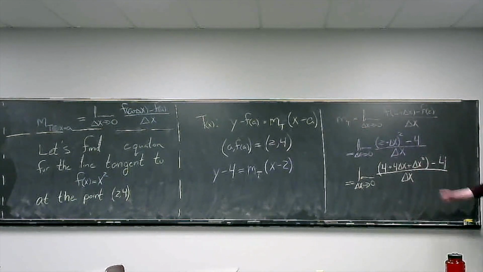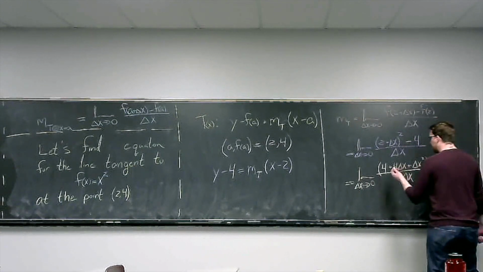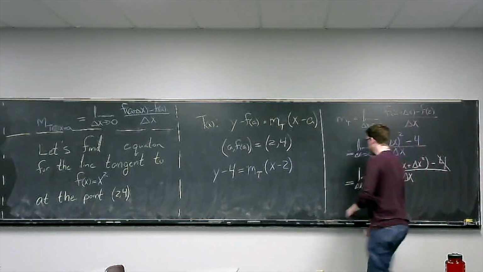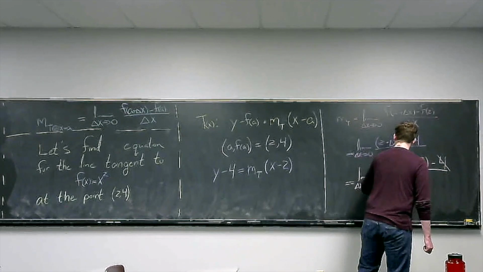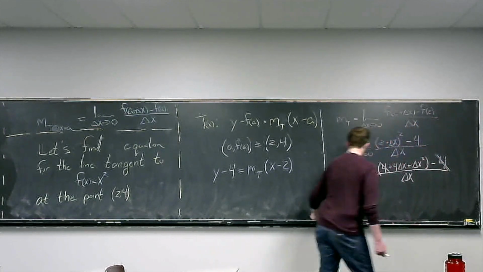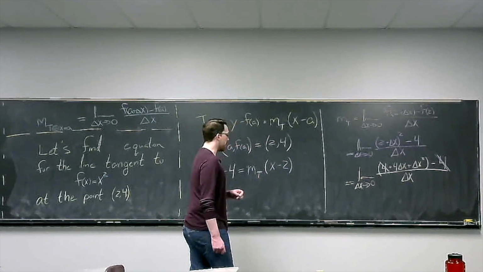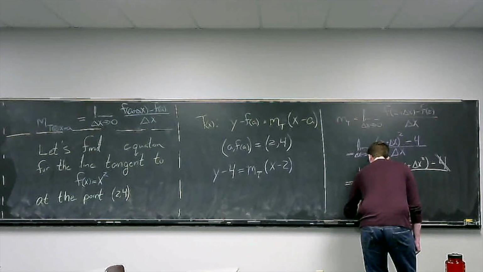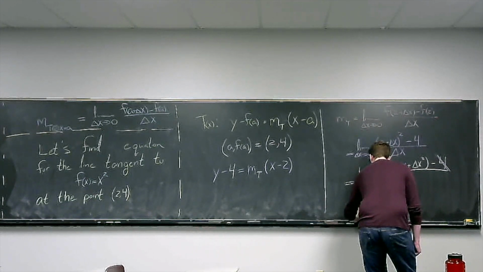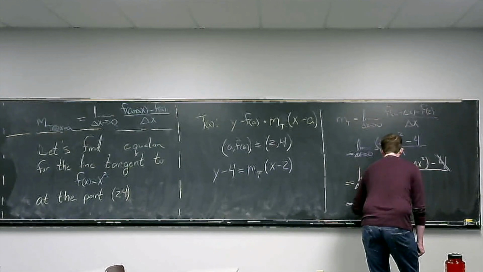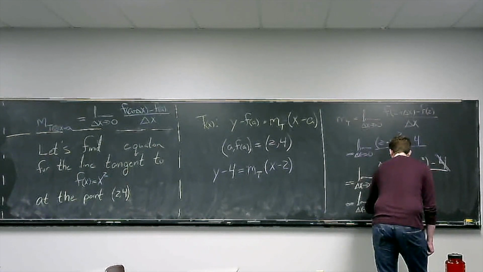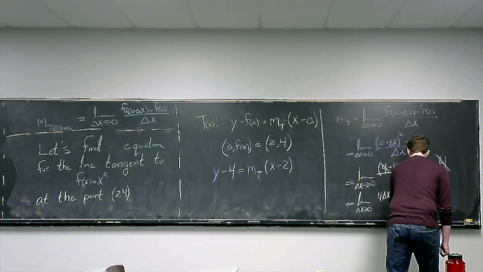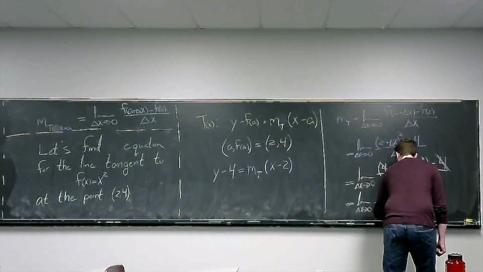Well, hey, check it out. When we drop these parentheses, this 4 and this 4 are going to cancel with each other. So all of this comes out to be the limit as delta x goes to 0 of 4 delta x plus delta x, that quantity squared, all divided by delta x.